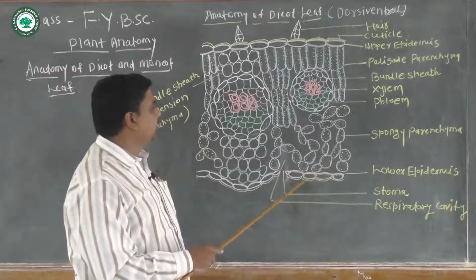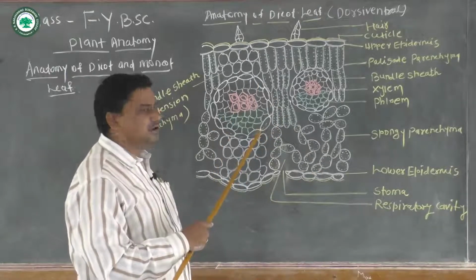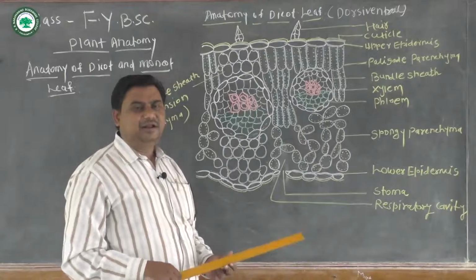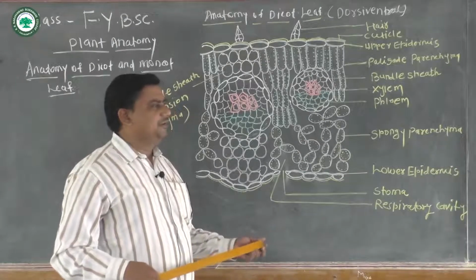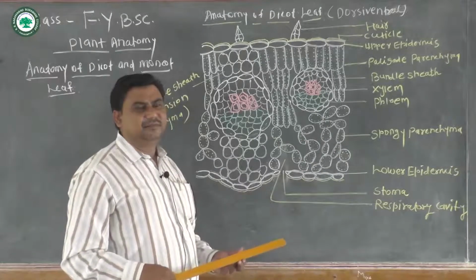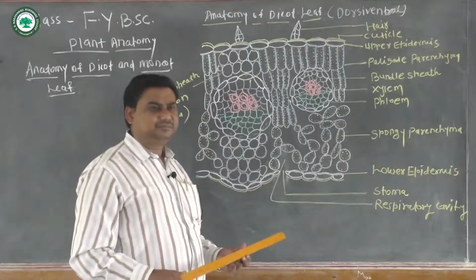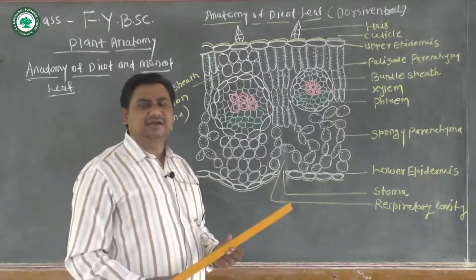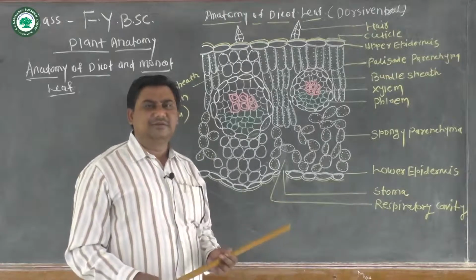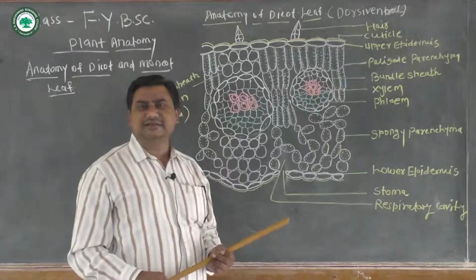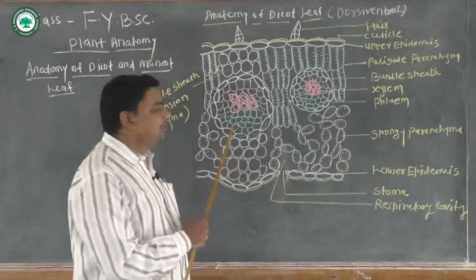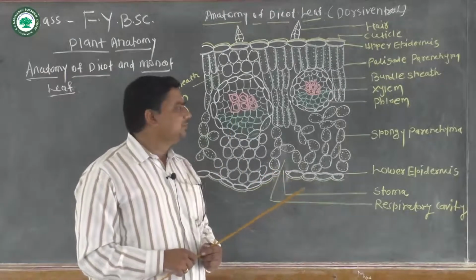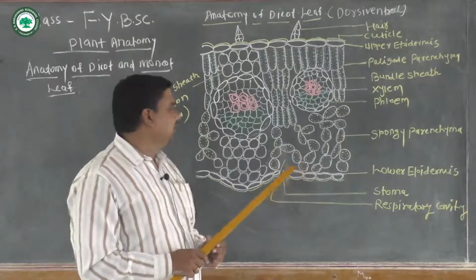Then there is the lower epidermis, and then there is the vascular bundle, that is the conjoined, collateral and closed type, having the protoxylem and metaxylem. Xylem is made up from the tracheids, vessels and xylem fiber, whereas phloem is made up from the sieve tube, companion cell and the phloem parenchyma.